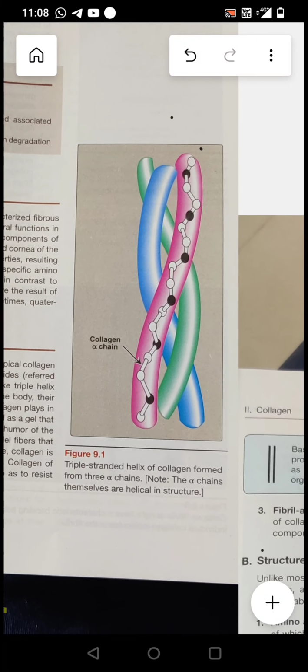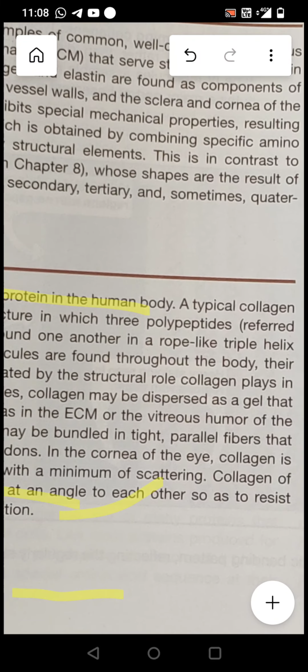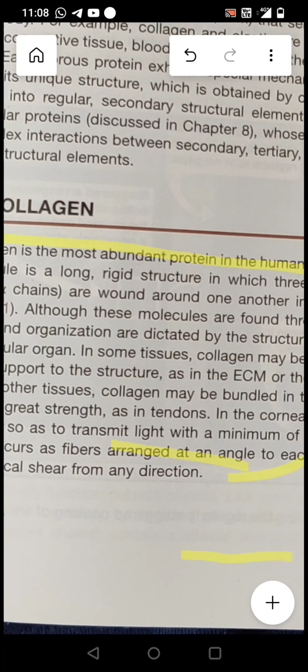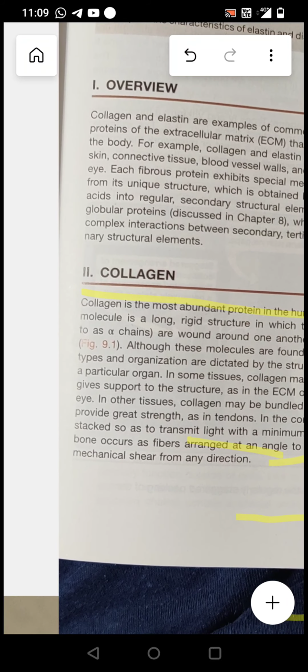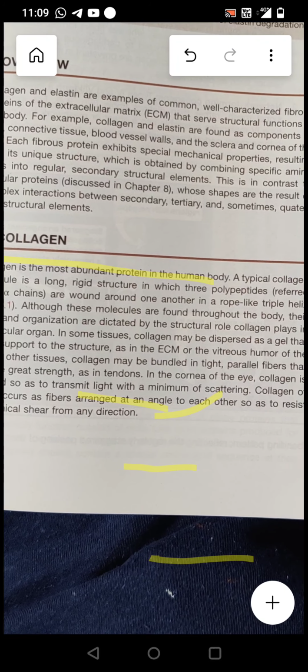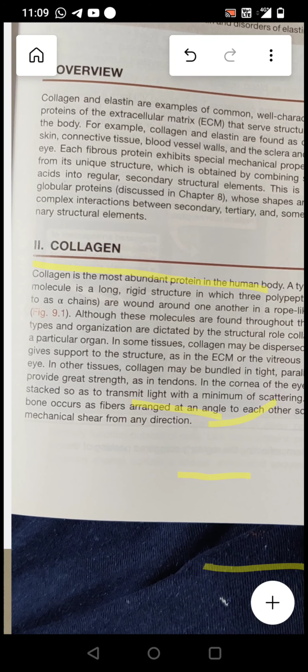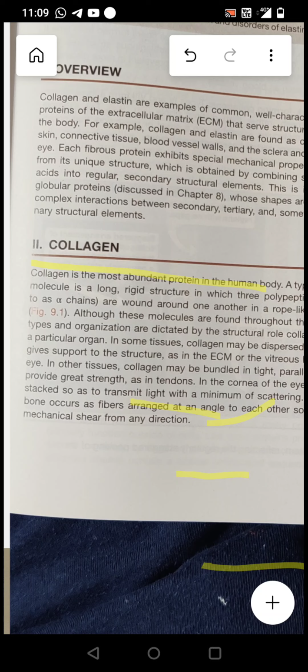Now we go back to the main portion of the protein, the collagen. Very important also to remember about this other aspect which he is telling here, that the structural role collagen plays in a particular organ is dictated by the way the collagen is arranged in the tissue.